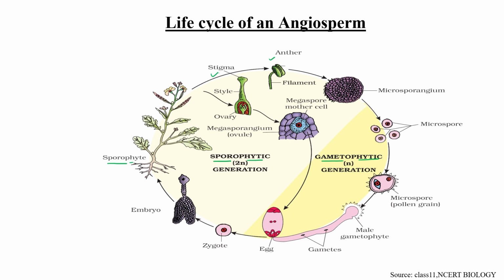This egg is developed inside the female part. After fusion the zygote is formed, and then from zygote to embryo, and then the whole plant. So sporophyte and gametophytic generations, diploid and haploid, come one after another.